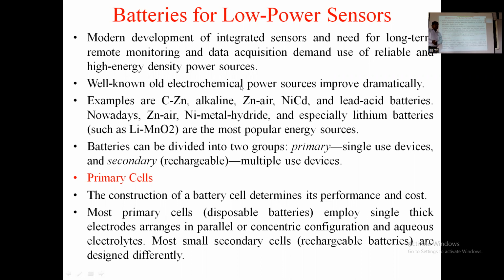This data is, over a long time, controlled as well as stored using systems like a data acquisition system, and for that system we need a backup or a reliable power source, right? So for real-time data monitoring or real-time data control, we require some source. That source should be a reliable source, right?